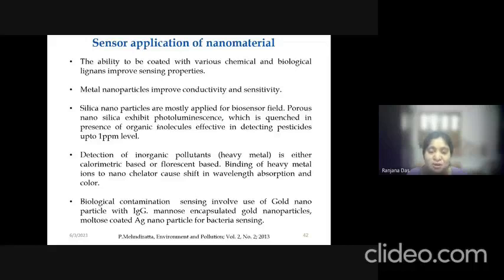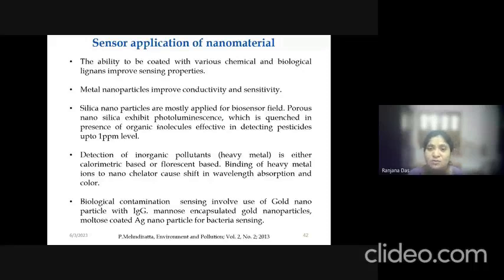And if the organic molecule or the contaminant is there, then the photoluminescence is quenched. That means if this property has been quenched, it indicates that some organic molecule is there. So in this way, these nanomaterials detect pesticides.